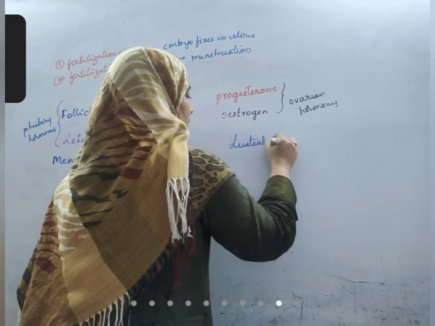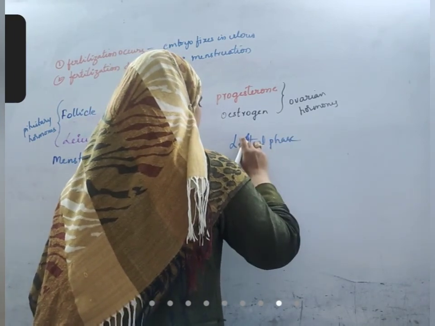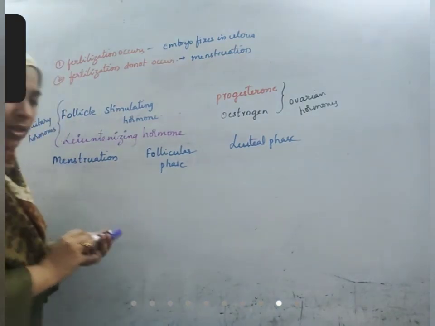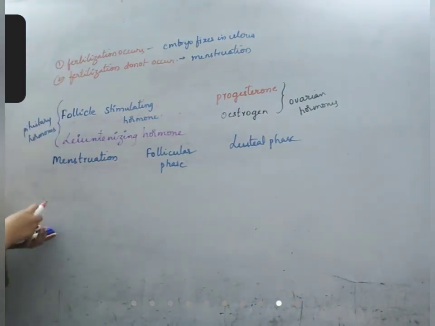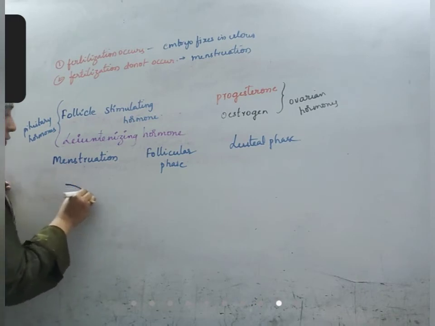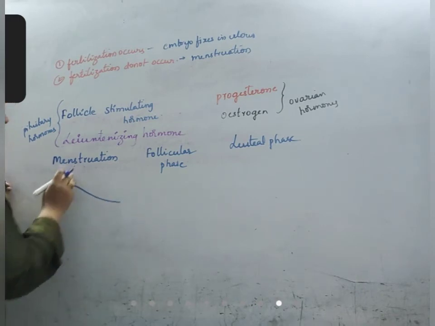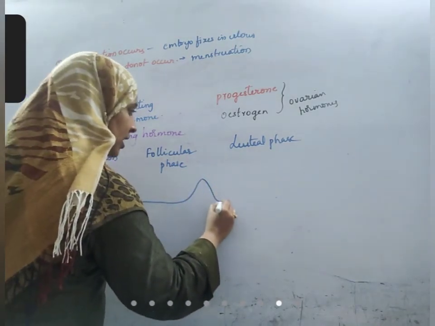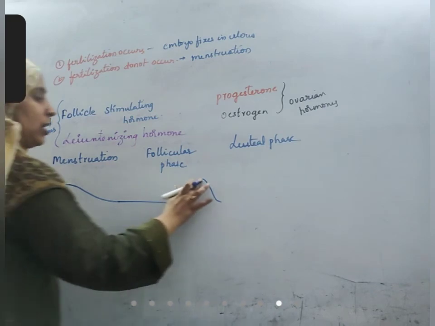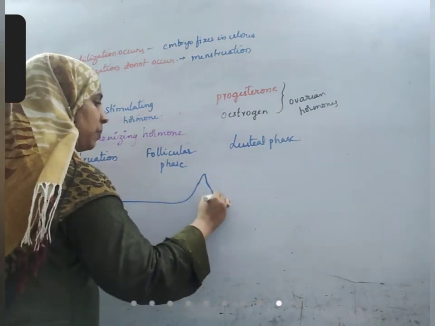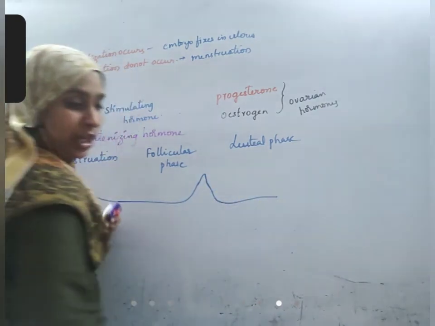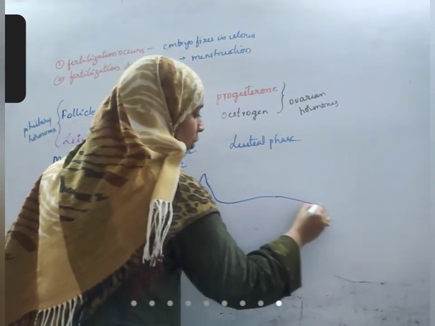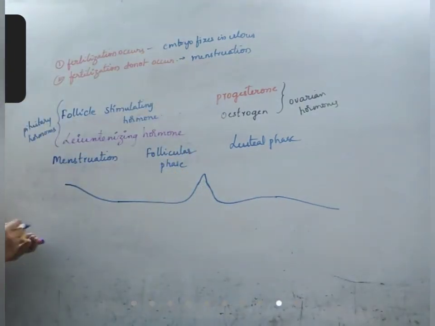So follicle stimulating hormone is higher than luteinizing hormone in the menstrual cycle. By the end of the follicular phase its production peaks, and by the luteal phase it is going down by the time of menstruation.